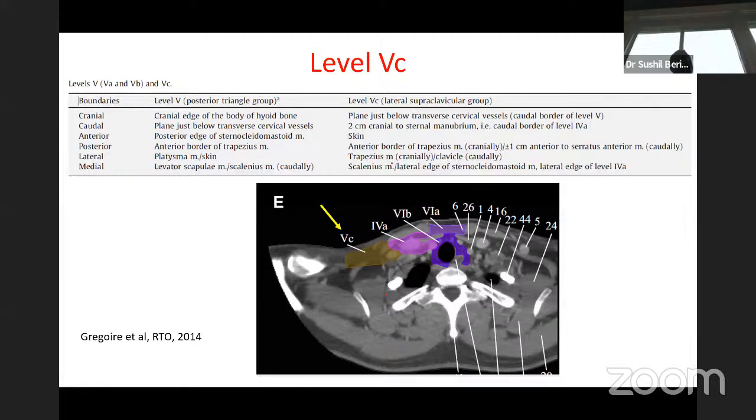So basically, the definition of the node is more based on the anatomical space rather than the 2D landmark which was seen in the first talk. And you need to be able to define those spaces appropriately to not miss the target.